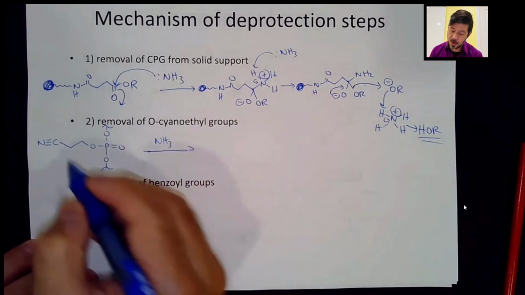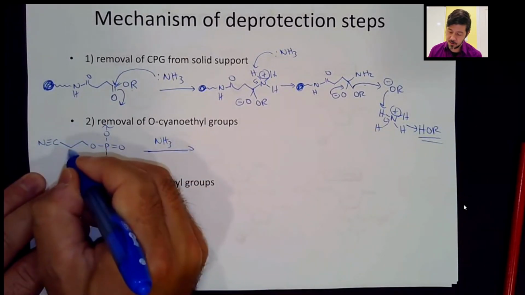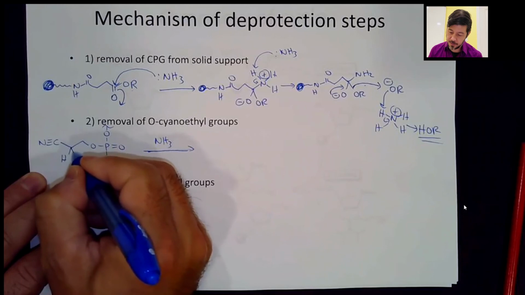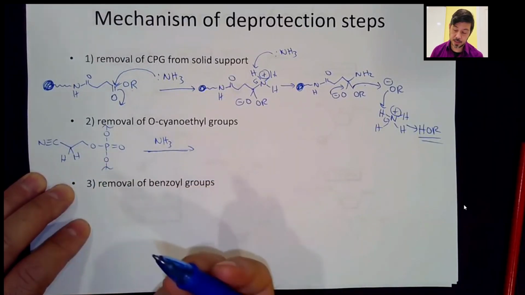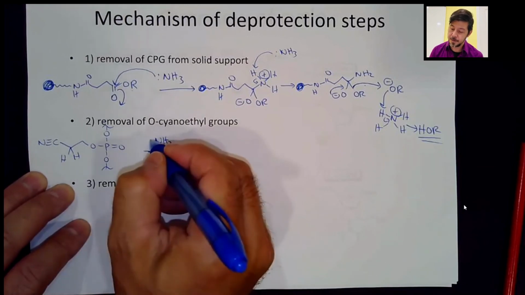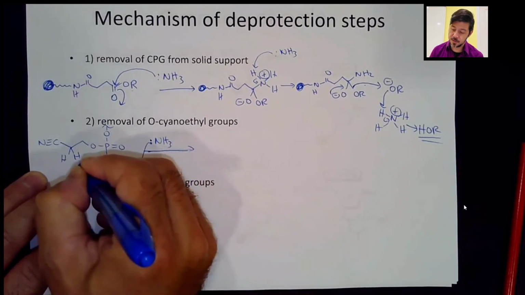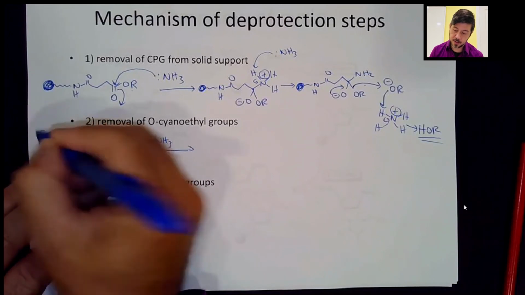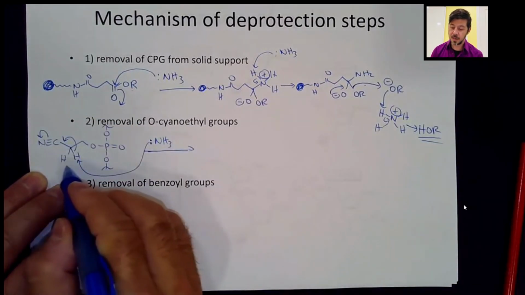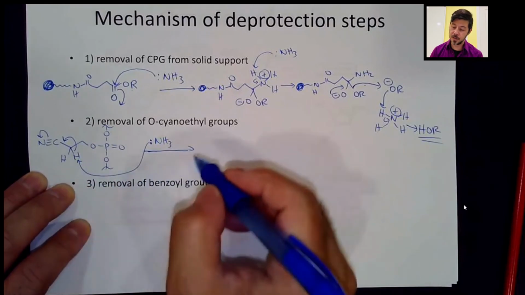What you have attached to this cyano group here are a couple of protons. Normally carbon-hydrogen protons are not very acidic. However, because they are adjacent to a good electron withdrawing group, you can push electron density into that nitrile group, therefore making those protons fairly acidic.